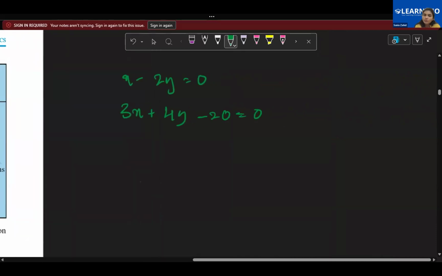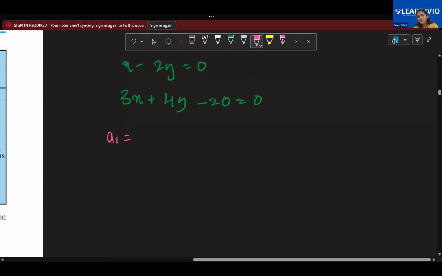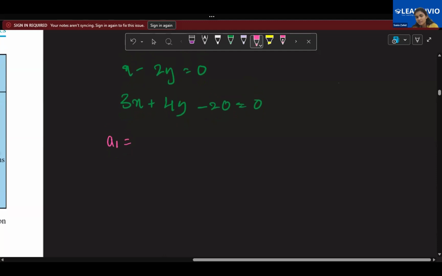Children, if I compare, can you tell me what is the value of a1? Put on your mic and speak. A1 is 1, ma'am. A1 is 1. Yes. What is A2?